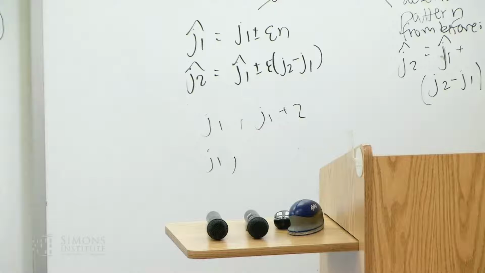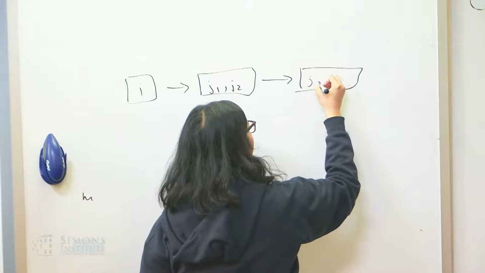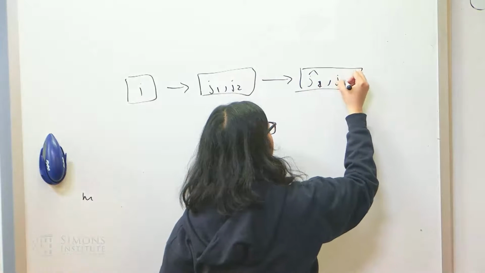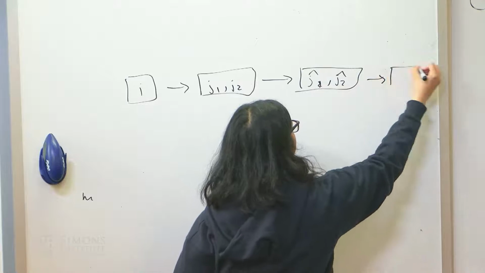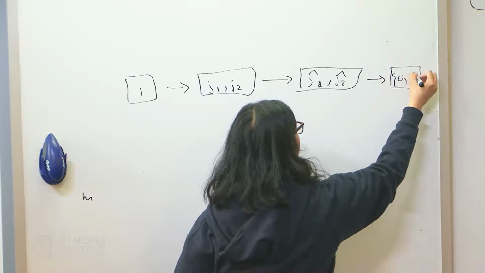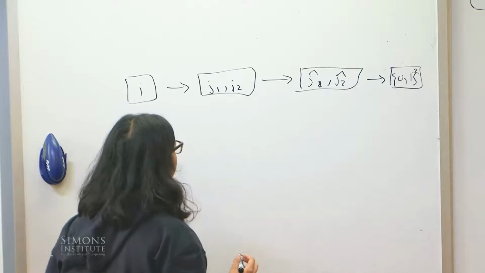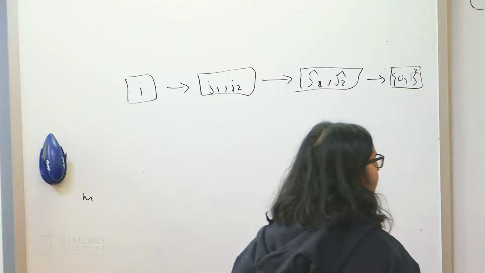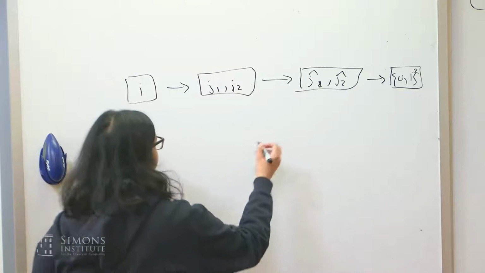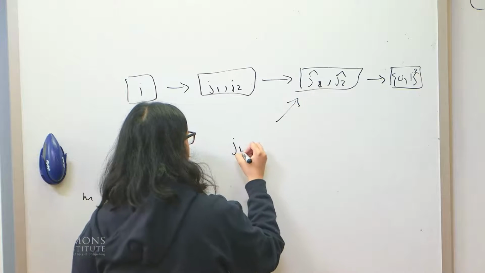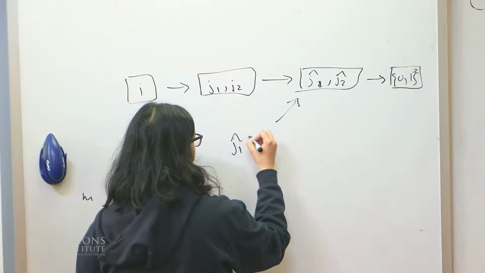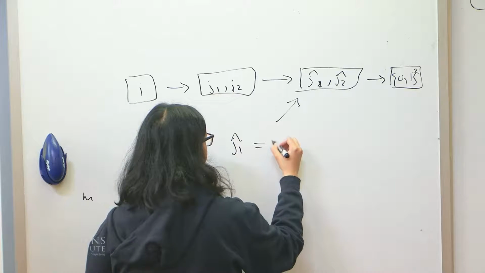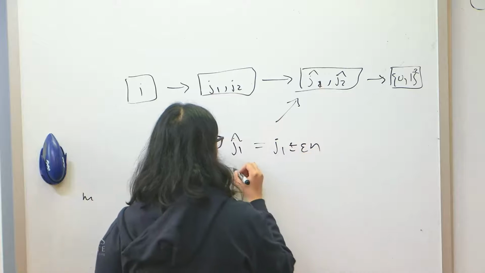So we have I, 2. And we're assuming that we're able to get the property, which is sort of the best we could hope for, that J1 hat equals J1 plus or minus epsilon n.